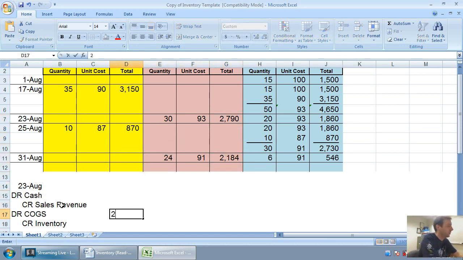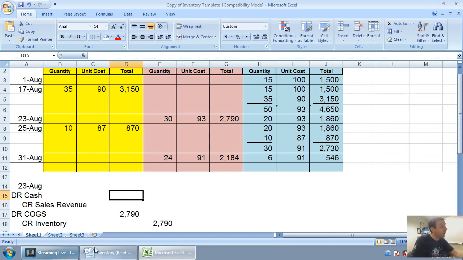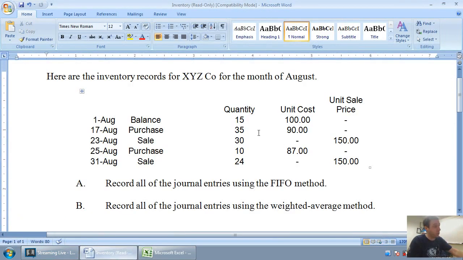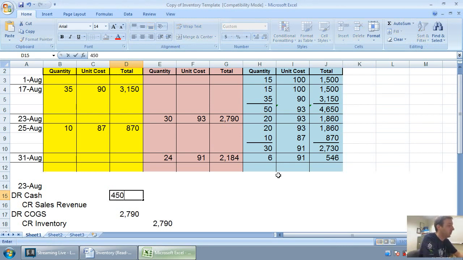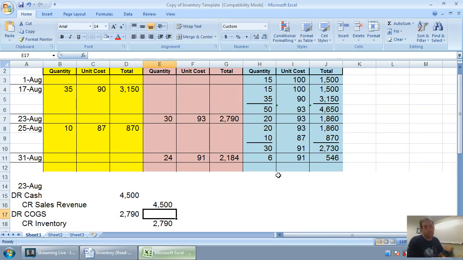So let's fill that in. The debit to cash and credit to sales, I've just got to look at my chart. I sold 30 units at $150 a piece. 30 times 150 is still $4,500, just the same as when we did the FIFO method. There's our journal entry for August 23rd.